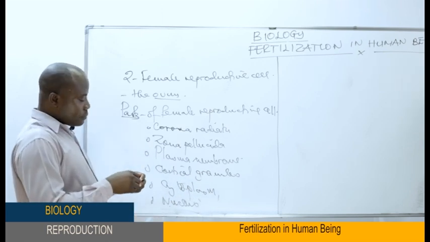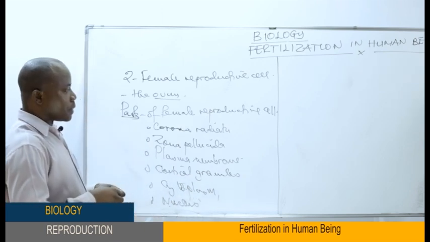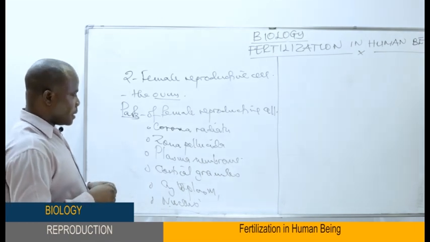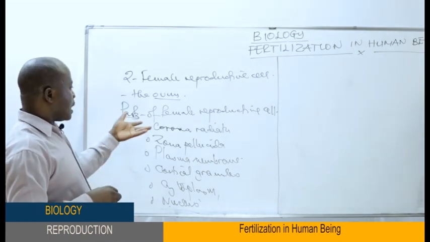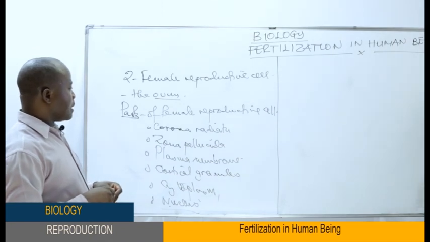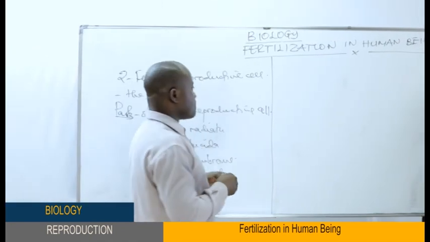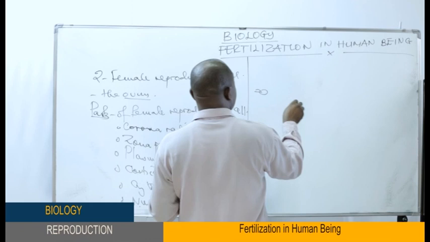These are parts the female reproductive cell consists. If we draw the female reproductive cell, these parts can appear as follows.